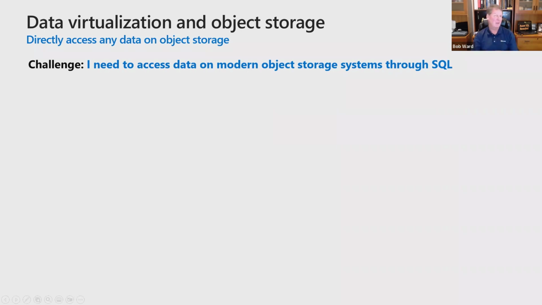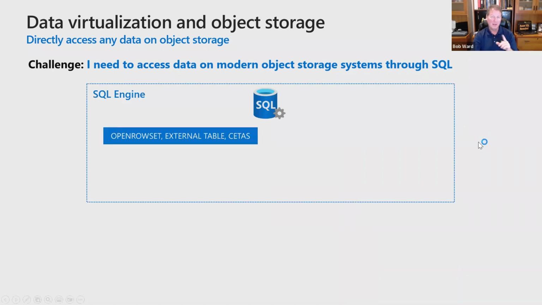So we looked at the PolyBase model with things like ODBC drivers, and we said, you know what, that might not be the right way forward, even though we still support that. So we want to support the same constructs as OPENROWSET, external tables, and something called CREATE EXTERNAL TABLE AS SELECT. That's a mouthful, CETAS. That's pretty cool, though, because then you can create files in different systems based on select statements.